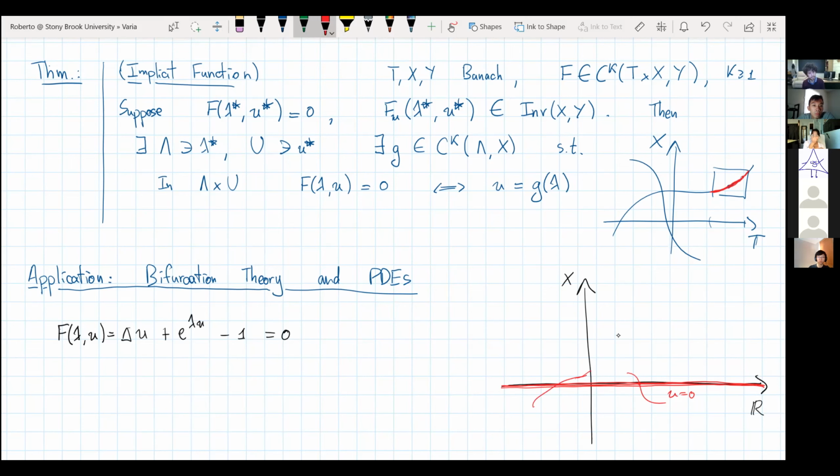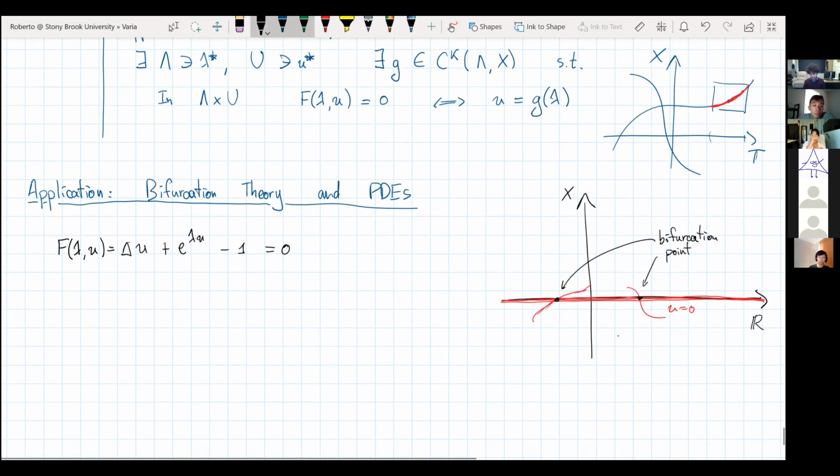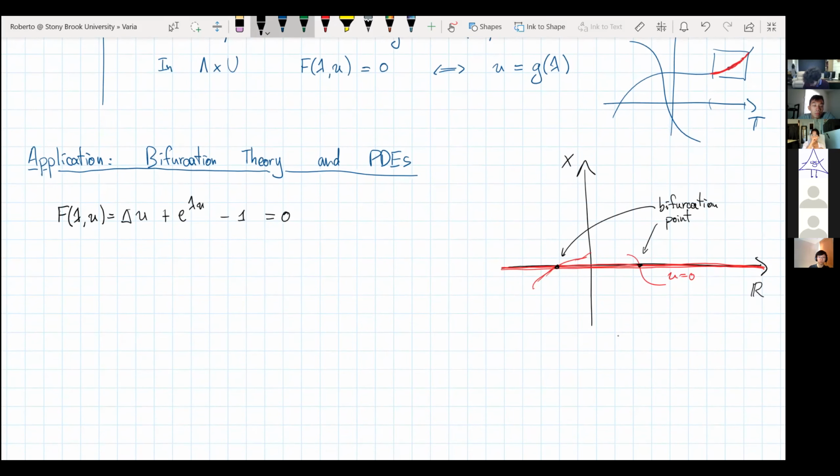So things like that cannot happen if for every lambda the differential of f along u at lambda, 0 is invertible. Points from which a non-trivial branch is coming out are called bifurcation points. So these points here are called bifurcation points. And that's why the theory is called bifurcation theory.